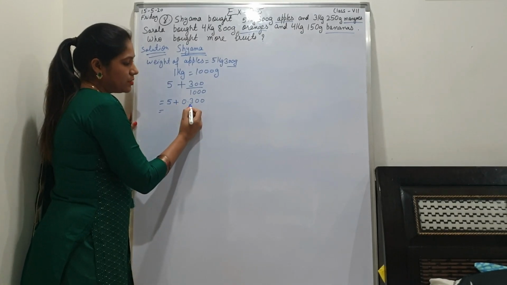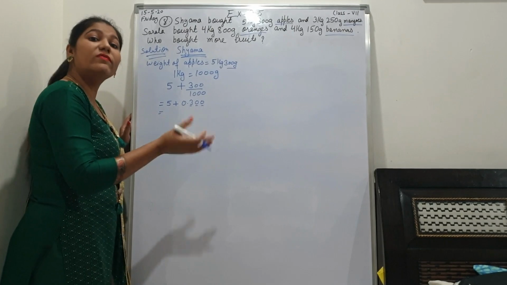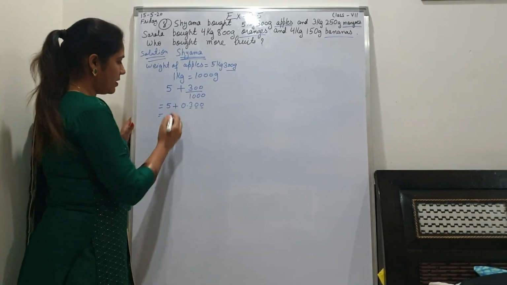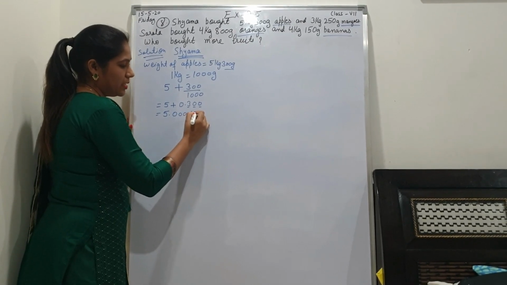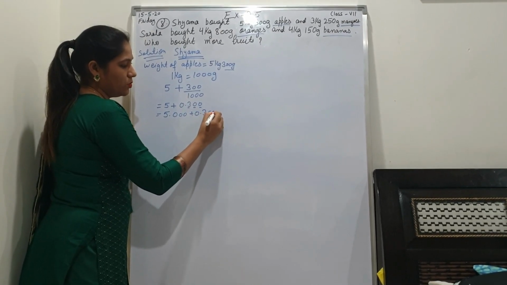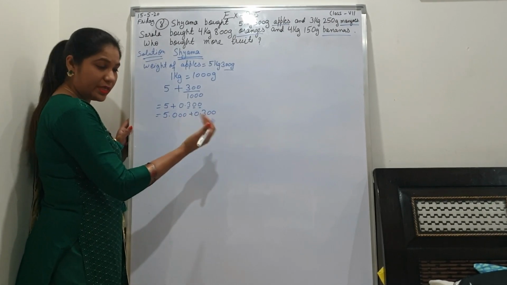After the point, 3 decimal places are there, but here nothing is there. So we will put zeros at the extreme end. 5.000 and 0.300. See, 3 decimal places, both are the same. So we can add them.